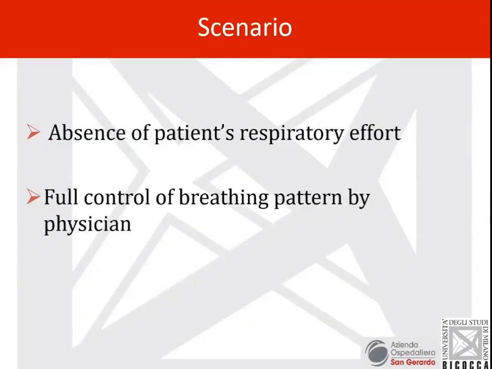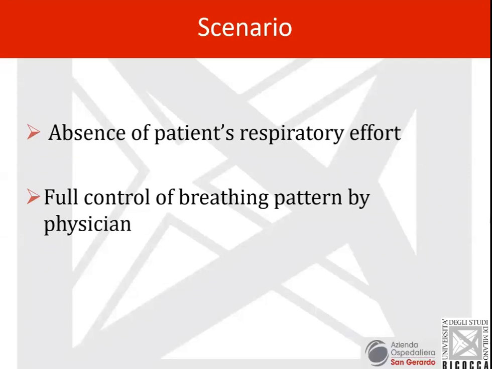So just to start, I will speak about a situation where we are in the, let's say, most simple possible condition from a mechanical point of view, which is the total absence of a patient respiratory effort, either because of a neuromuscular blocking agent or for a patient condition.